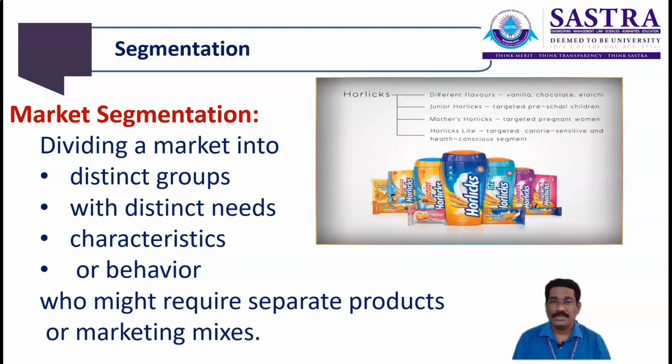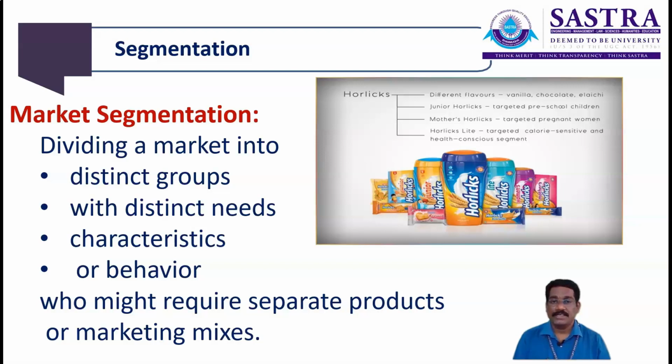So the marketers try to focus on that particular market segment. The consumers in that segment look for exclusive products, and they want a specific marketing mix that is going to cater to and fulfill their requirements.